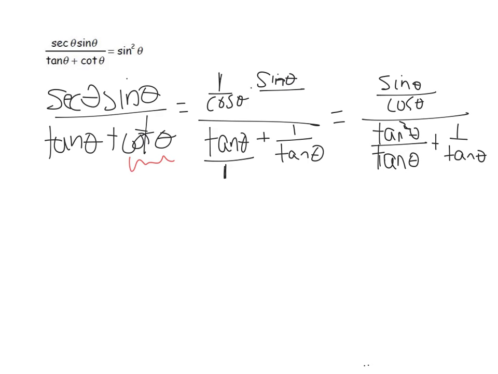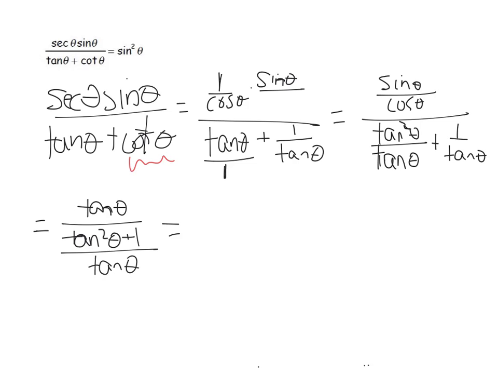Then I will have just a plain old tangent on top, because sine over cosine is tangent. And on the bottom, tangent squared theta plus 1 over tangent theta.